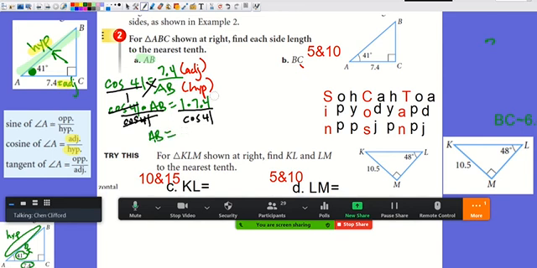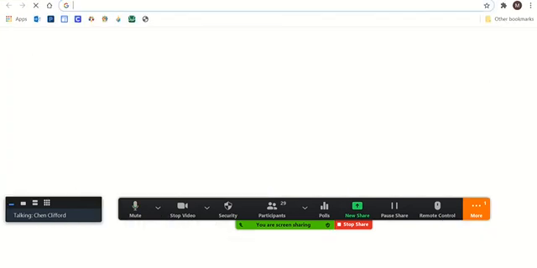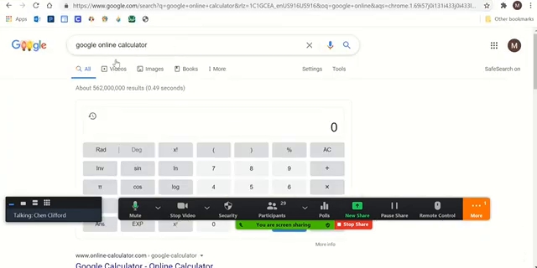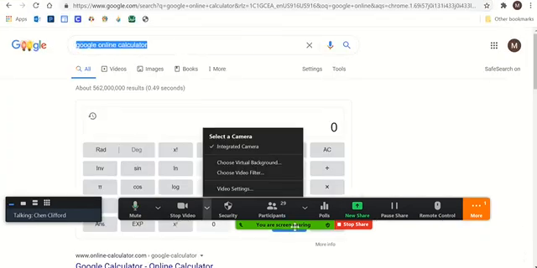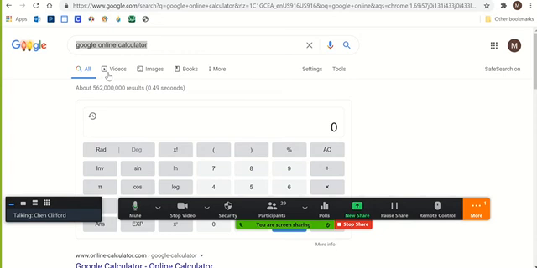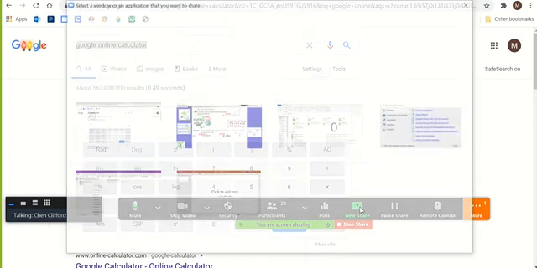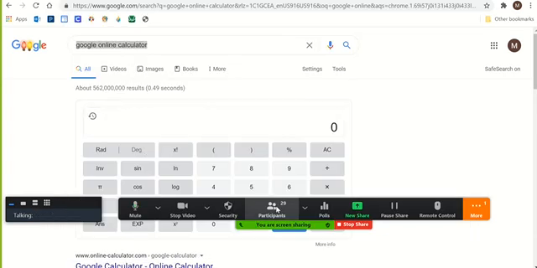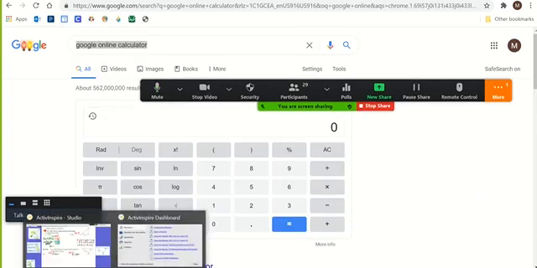equals to, this is where I plug this blue highlight into Google's online calculator. So I literally type in Google online calculator right here, and I'm going to put in what I see over here.